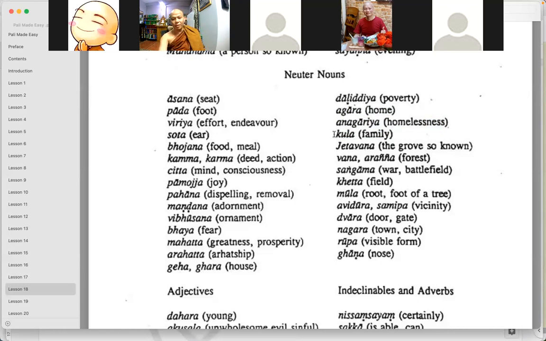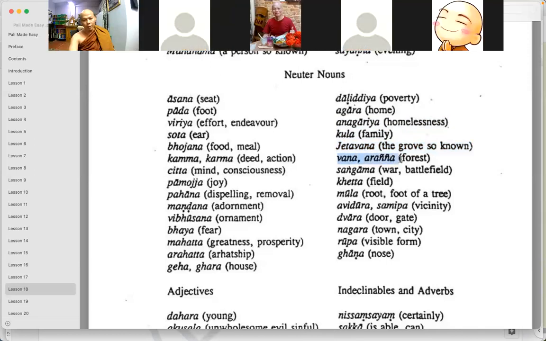And the next word is kula. Kula means family. And jetavana, so the grove, so called, so known, or the park or the grove. And the vana and the araññā, forest. Okay, and the saṅgāma or battlefield, sometimes referring to the place, sometimes referring to the fighting or a war or something.